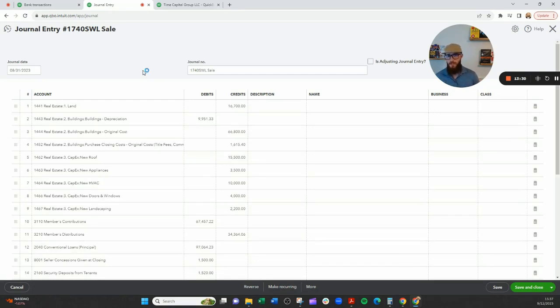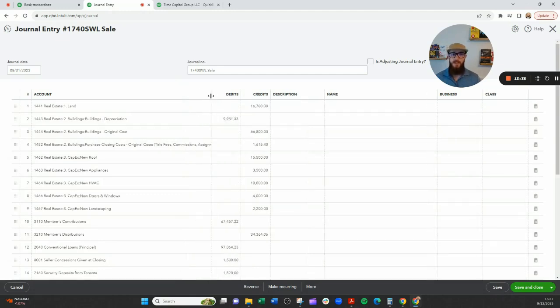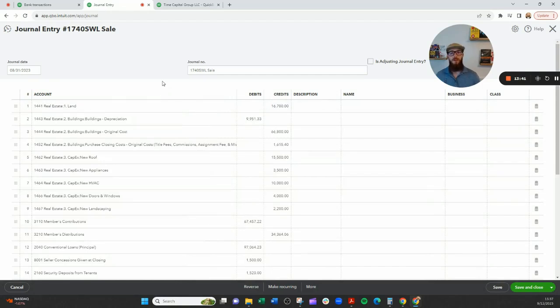Get those journal entries in there so that you can reflect everything properly on the books. In this scenario, we are assuming that everything currently on the books for depreciation is 100% up to date. And so we are zeroing everything out as we should when disposing of an asset, okay?